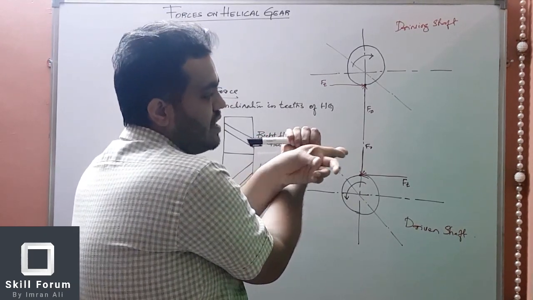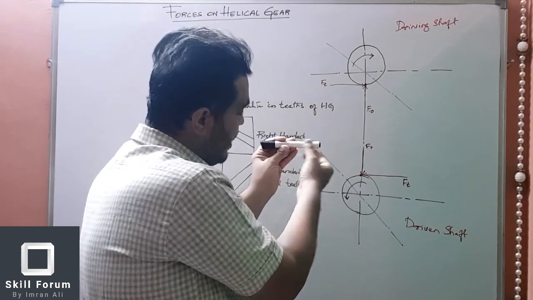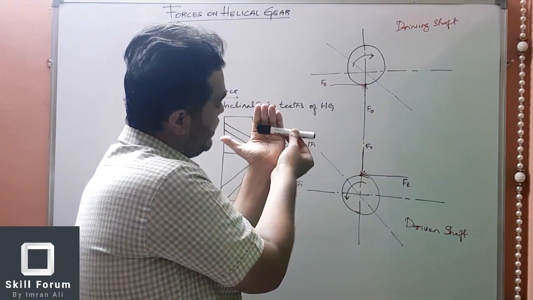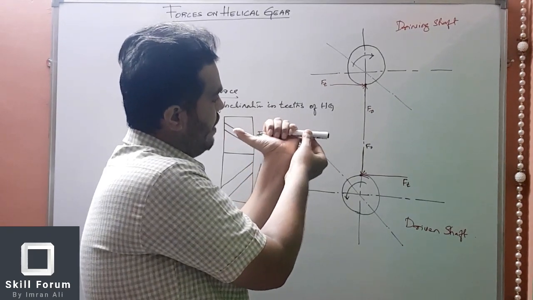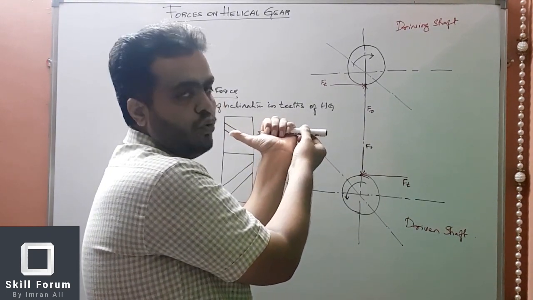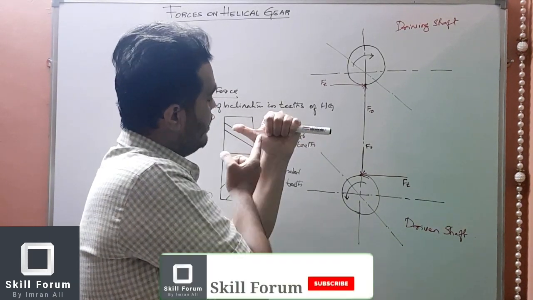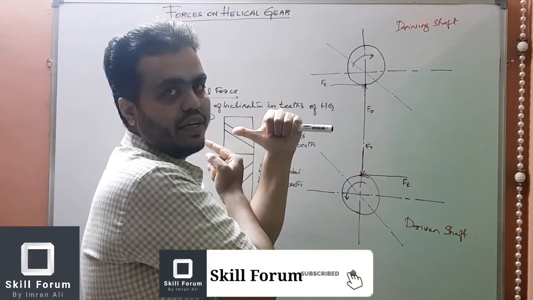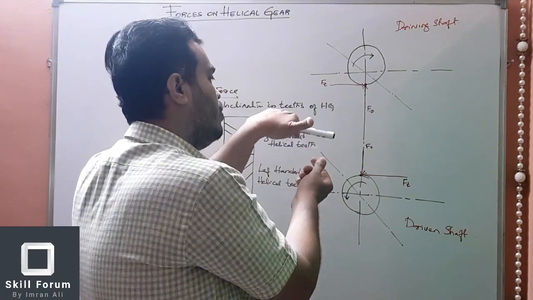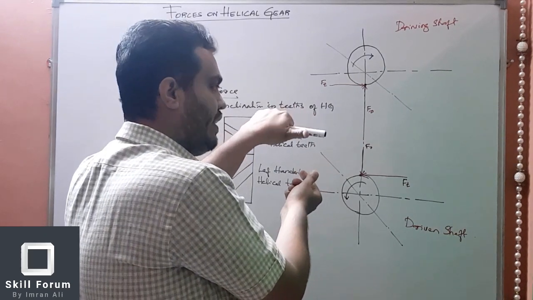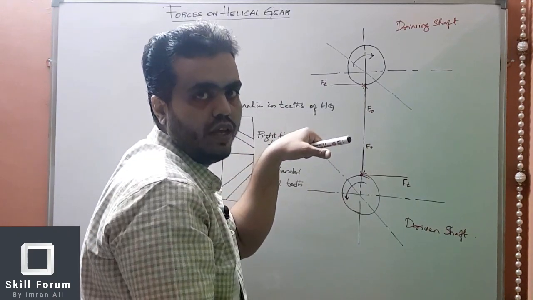The direction of axial force will be with respect to your thumb. Same way, if I rotate this shaft by holding it with the left hand, the direction of rotation will be towards the forefinger, and the axial force should be in this direction. If I rotate this in anti-clockwise using the left hand, the force should be in this direction, right?